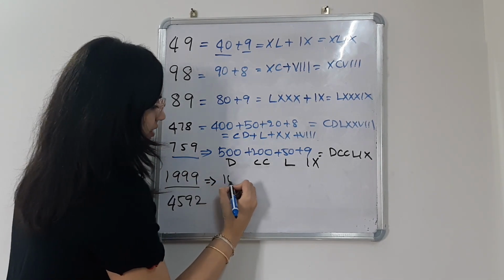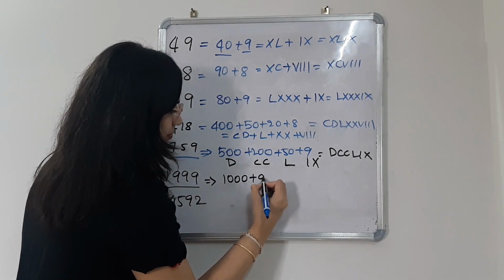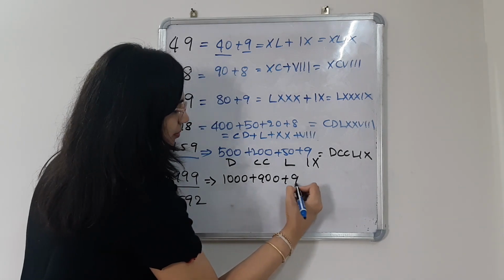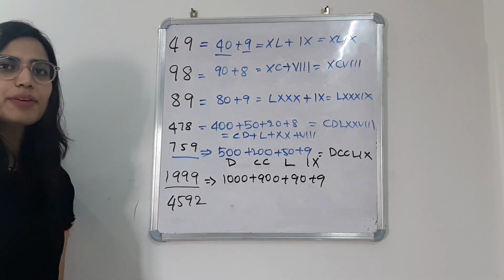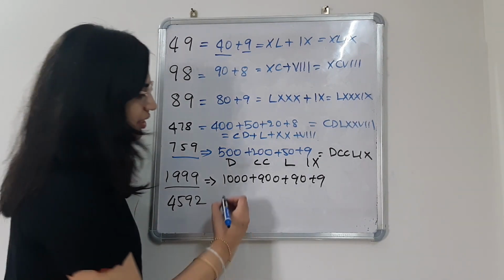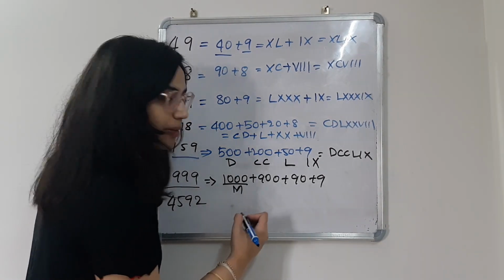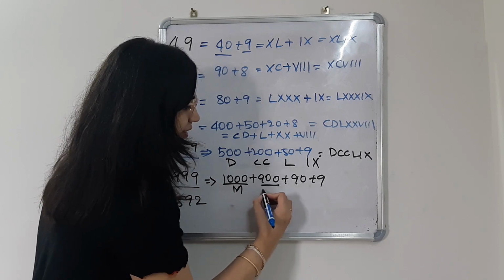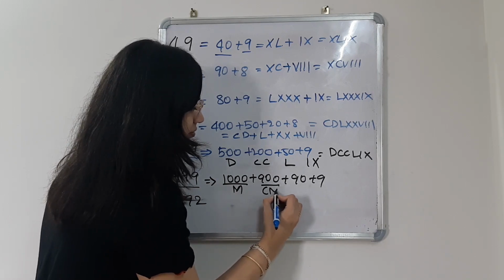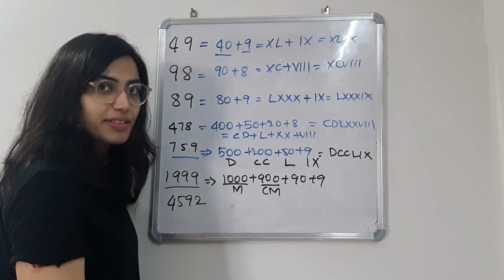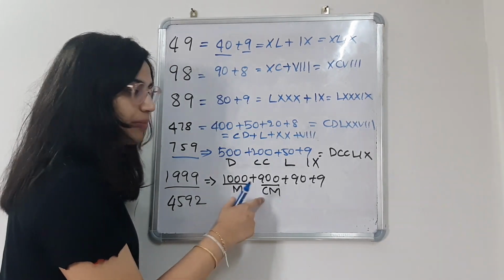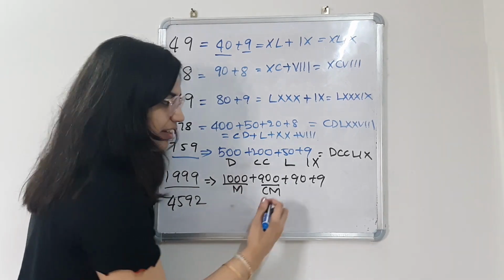Can I write this as 1000 plus 900 plus 90 plus 9? See, all are subtracted from their tens here. What is 1000? M. What is 900? You can say this as CM. Why? M minus 100, that is 1000 minus 100, 900.